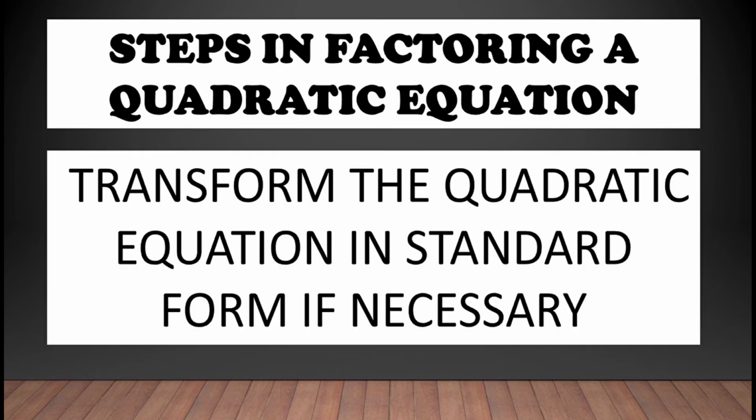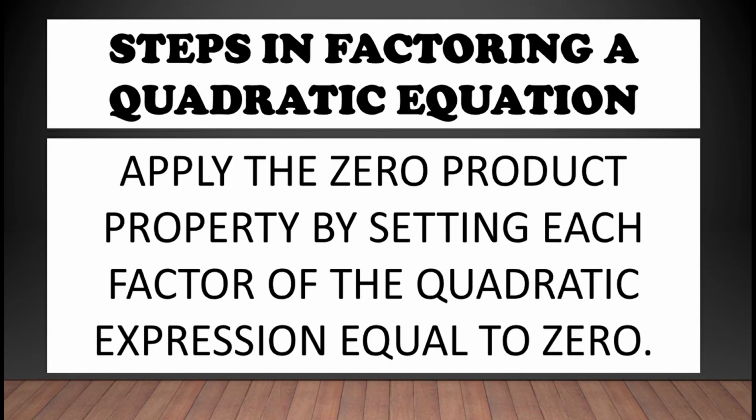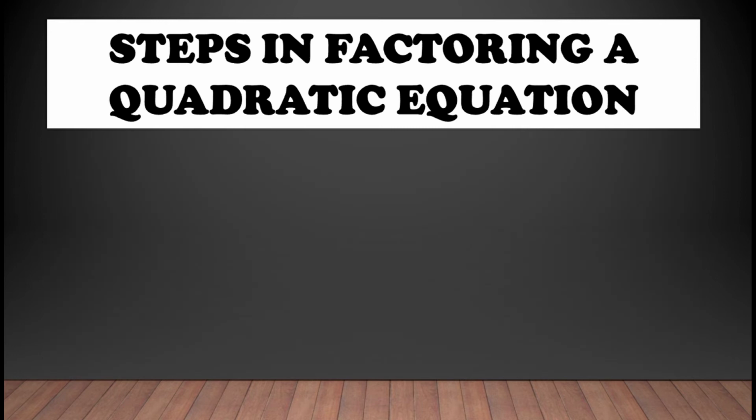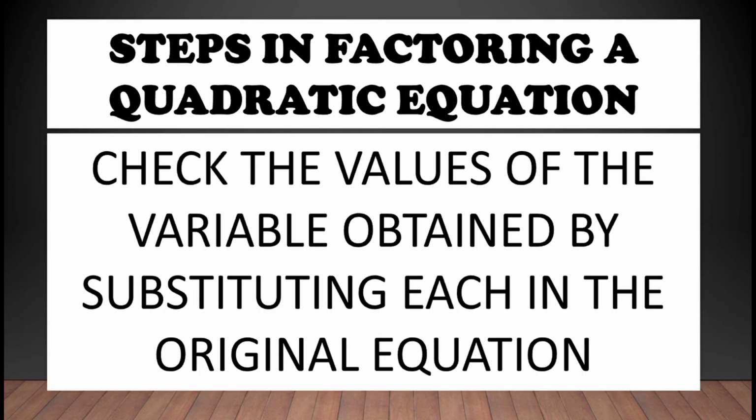These are: transform the quadratic equation in standard form if necessary, factor the quadratic expression, apply the zero product property by setting each factor of the quadratic expression equal to 0, solve each resulting equation, and to verify if our answer is correct, try checking the values of the variable obtained by substituting each in the original equation.